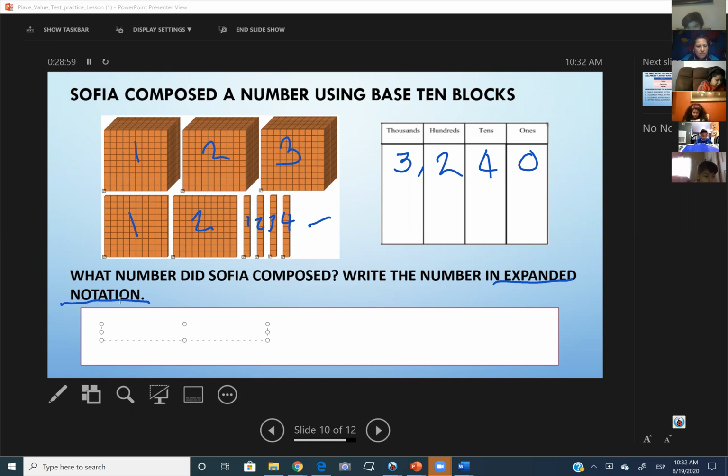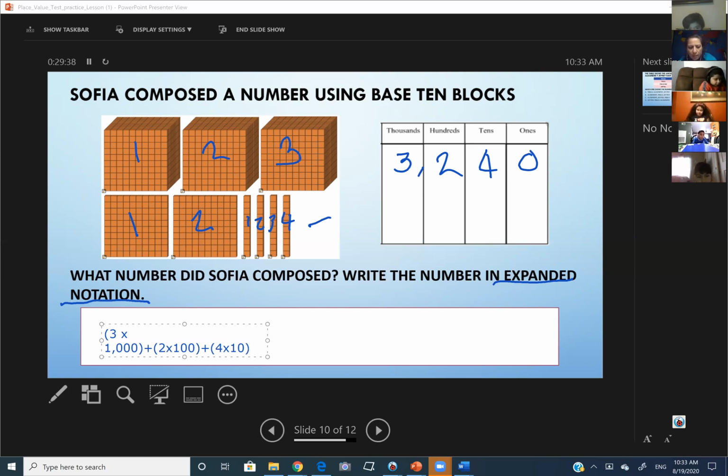Okay, so we have, oops, hold on a second. Here, we have 3,000s plus 200s plus 4 tens plus, oh no, plus nothing because I have no ones.